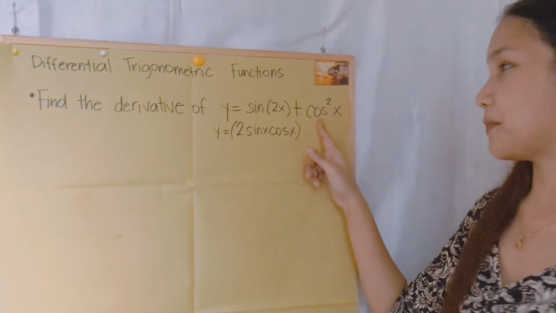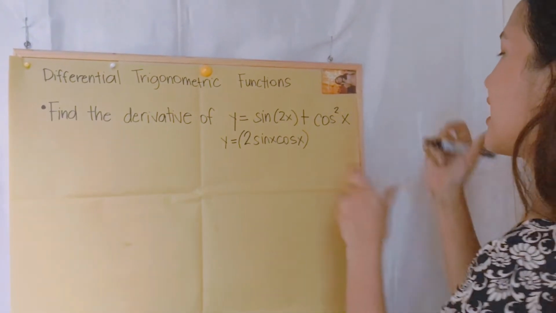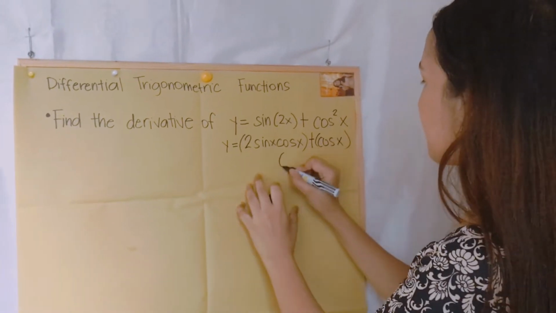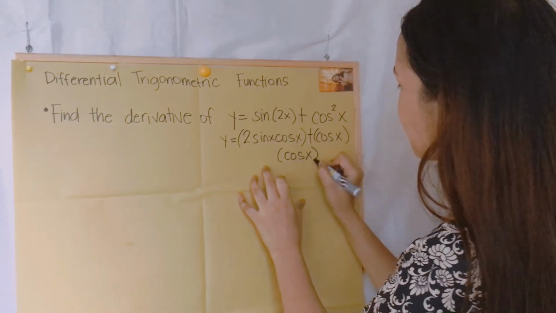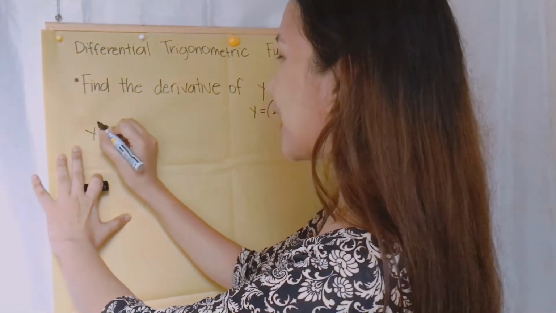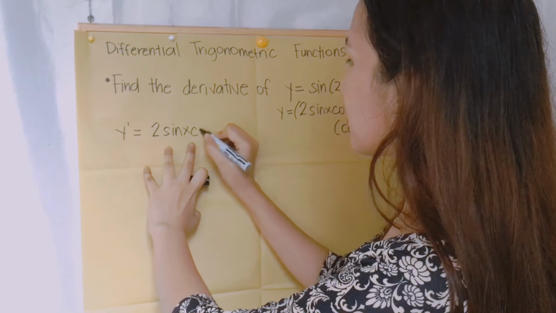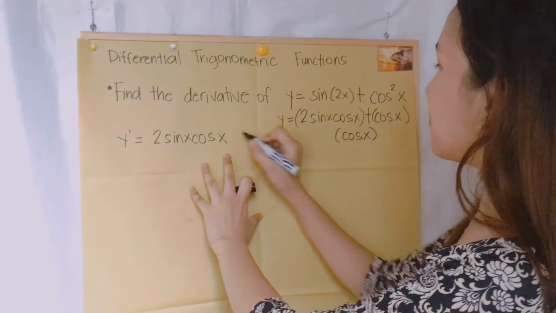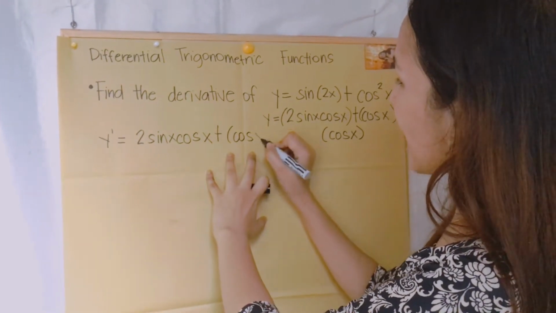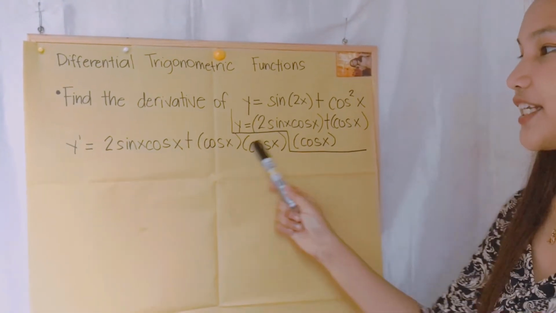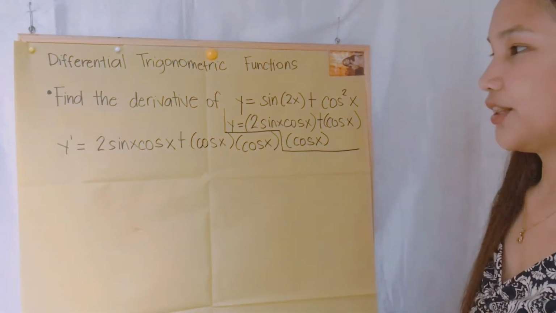And we just have to split cos squared x into cos x times cos x. So y is equal to 2 sine x cos x plus cos x times cos x. So now we have here the equation that we are going to derive.